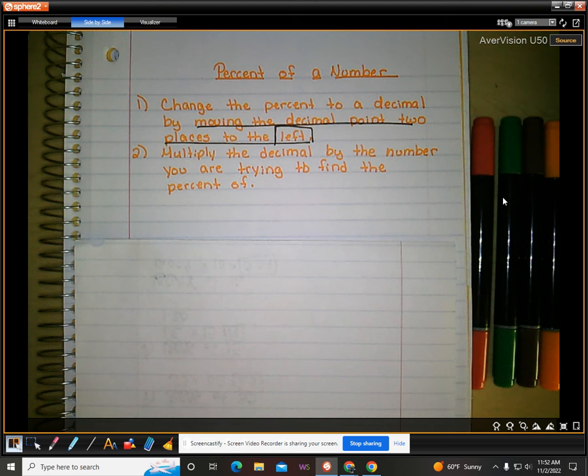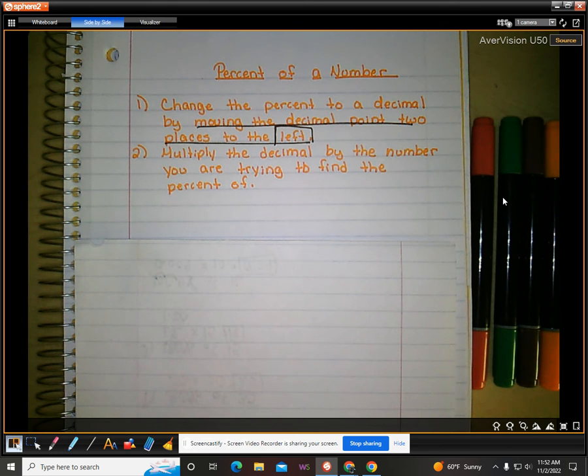All right. Just like with the unit rate and ratio stuff we've been doing since last week, finding the percent of a number is something you will use. You may not always find the exact percent of a number. You may do more like what we did yesterday where you're estimating, but being able to find the percent of a number you will use often, especially as you get older.